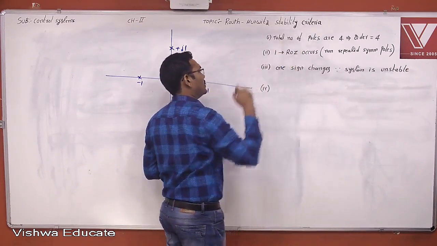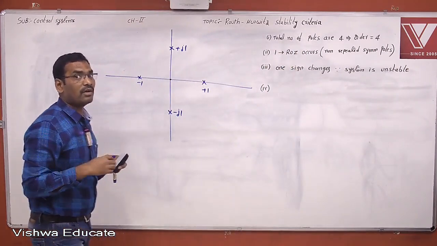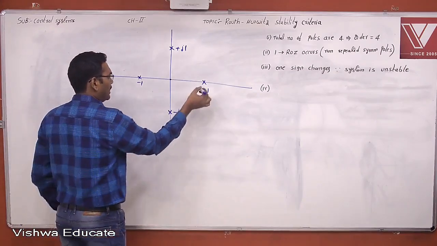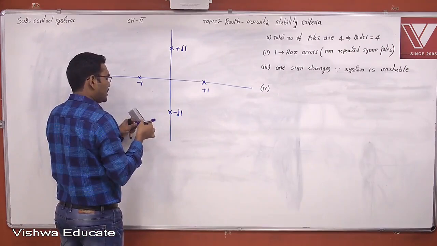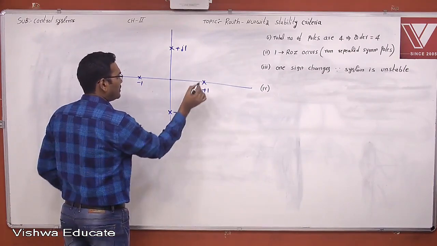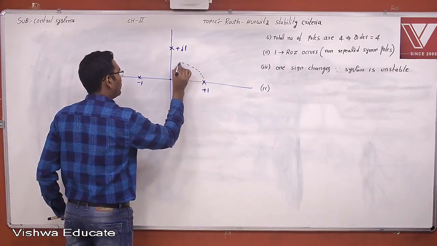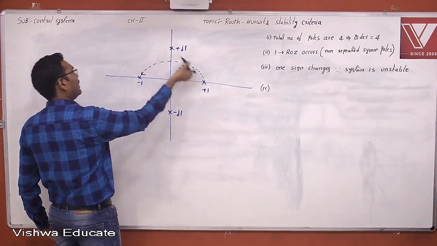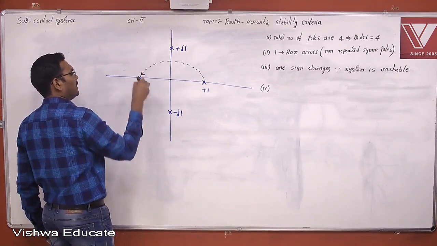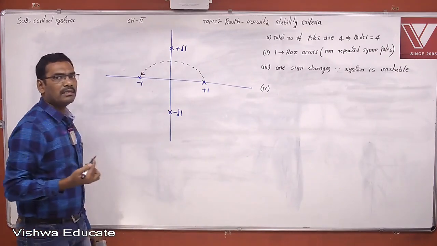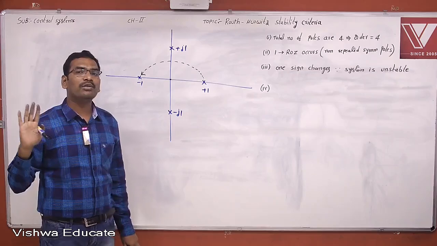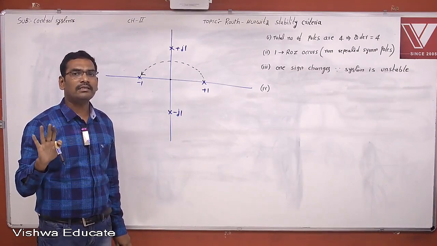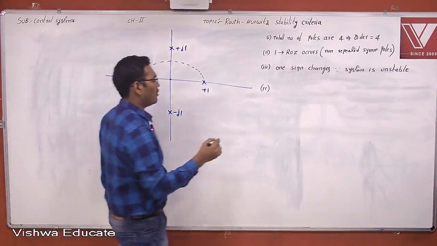There is a pole on the right hand side of the S-plane, then there exists a symmetrical pole on the left hand side. One pole is at +1, there exists a symmetrical pole at -1. Therefore, whenever there are symmetrical poles on the left hand side corresponding to the right hand side, the sign change is always below the ROZ.